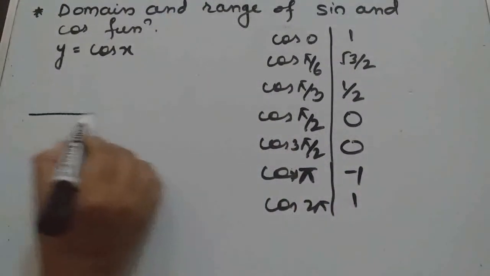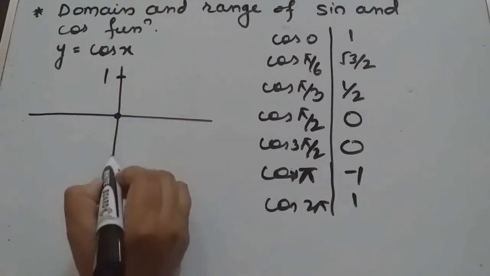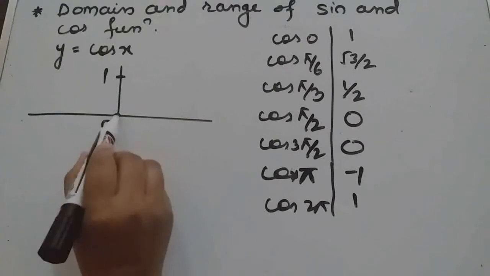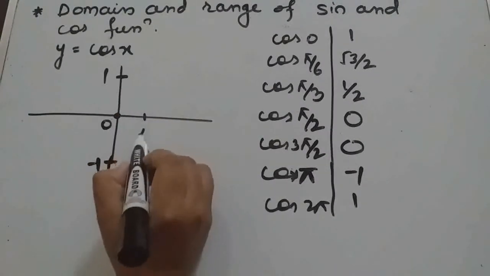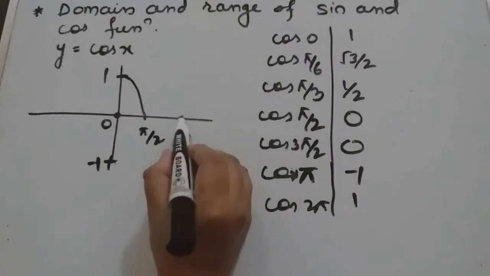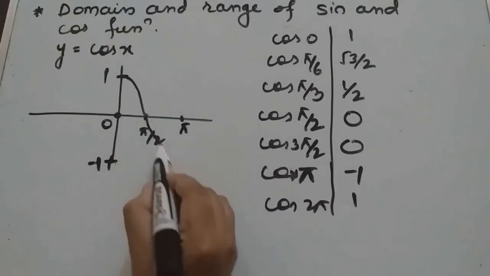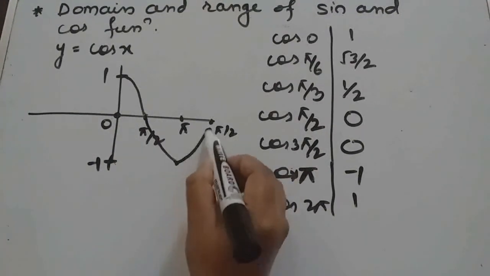So now if you want to plot again this graph, so see, at 0, cos 0 is 1, so it will start from here. Then we have pi by 2. At pi by 2 it will become 0. Then we have pi, so at pi minus 1, okay. Then we have 3 pi by 2, so again it will be 0.